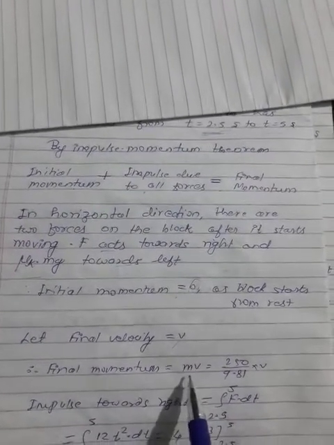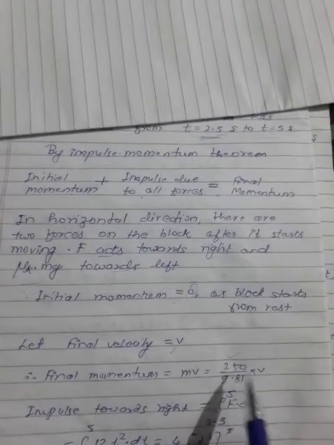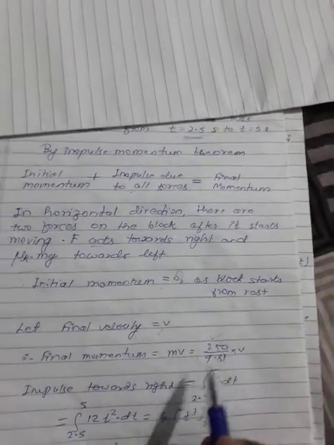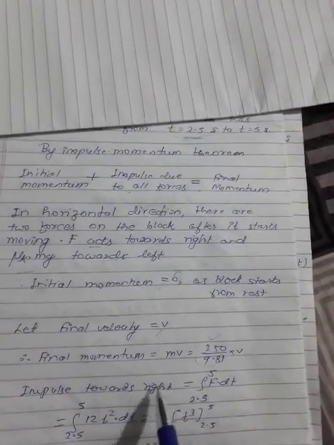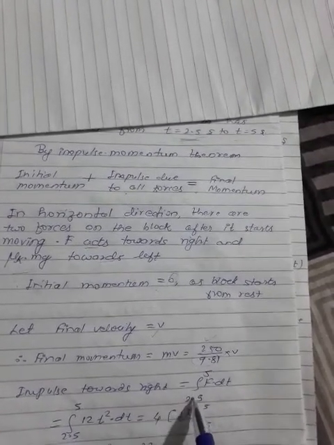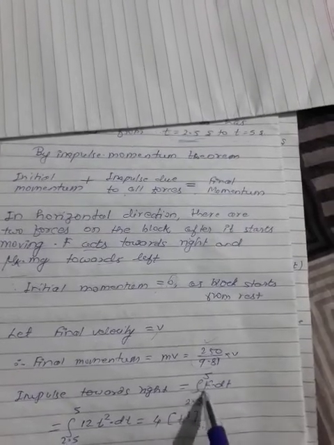The final momentum will be mass into velocity. Mass is given in terms of weight, that is 250, divided by 9.81, multiplied by v. Now for the impulse towards the right, I calculate the integral from 2.5 to 5 of F dt.